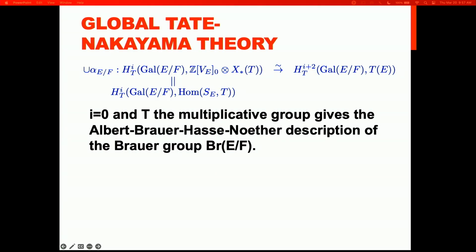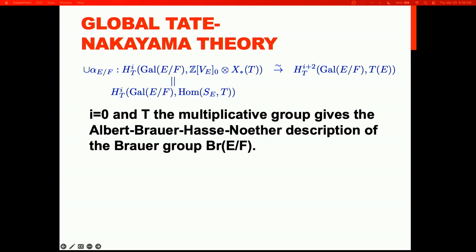And then again, what Tate and Nakayama proved is if I take the Tate cohomology in degree i of the abelian group of homomorphisms from the torus S_E to your general torus T, and you cup it with the canonical class, that's an element of H^2 with coefficients in the E points of S_E.